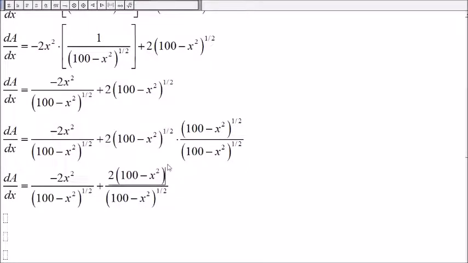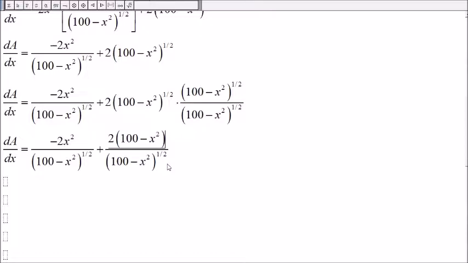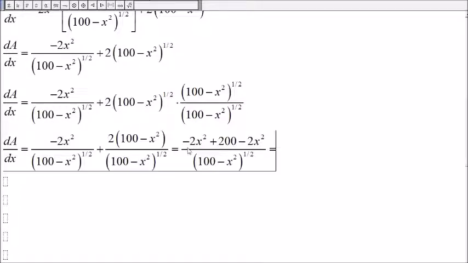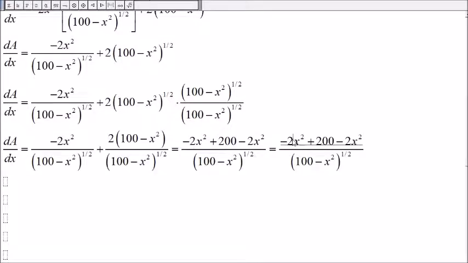So now we have a common denominator of 100 minus x squared to the 1/2, and the top is just this. 2 times 100 is 200, and then minus 2x squared minus 2x squared becomes minus 4x squared.